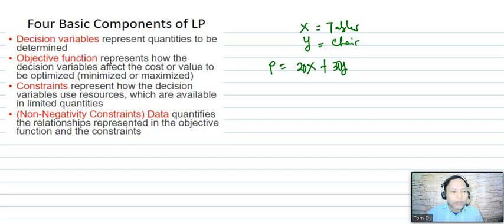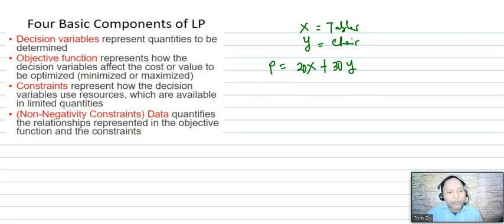This 20 pesos assumes the cost of the table when we produce a table, and this 30 pesos assumes the cost of the chair when there is a production of chairs. So this is just an example of how we write our objective function.